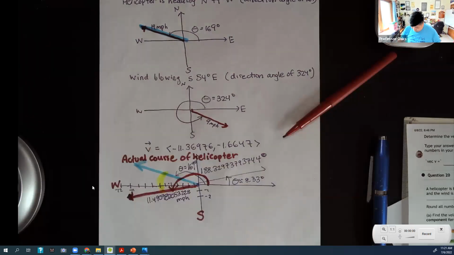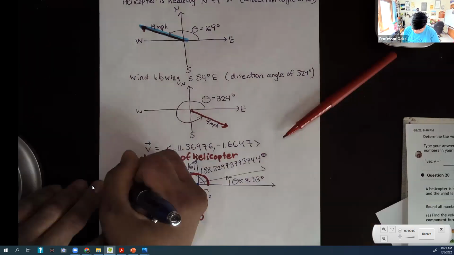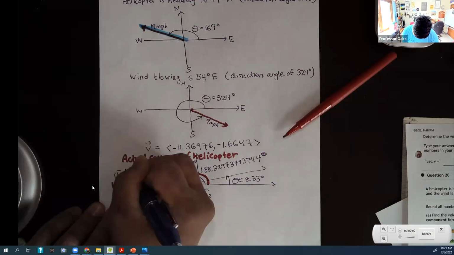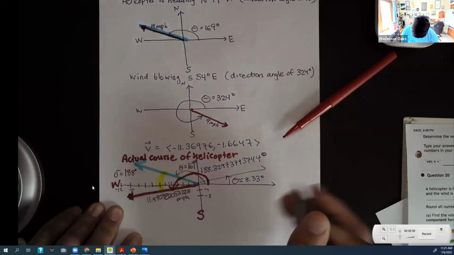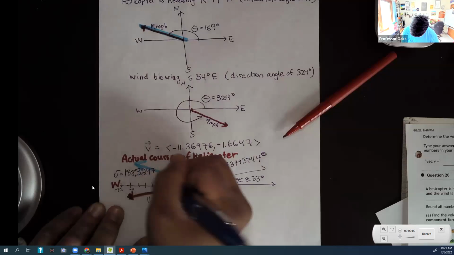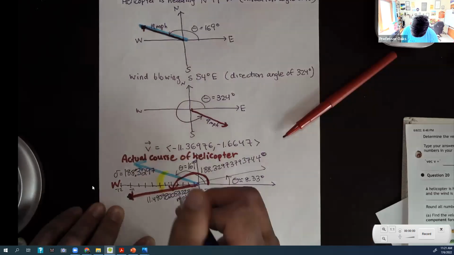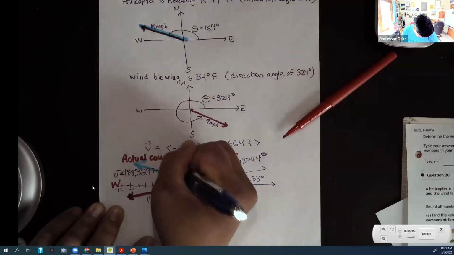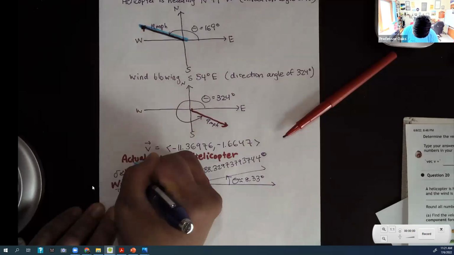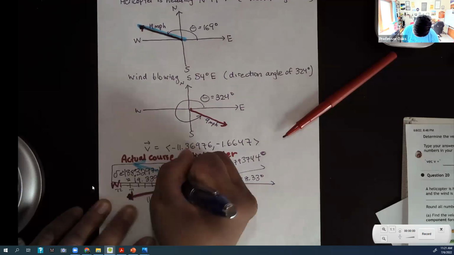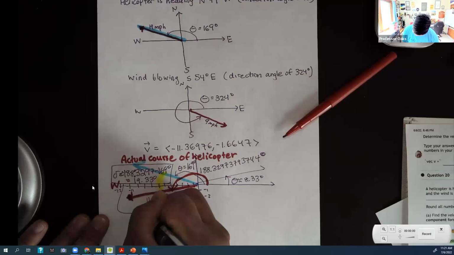So the question is asking for the delta, which is the 188.3297 approximately, right, minus the 169 degrees. So that will be about 19.33 degrees. So this angle right here, that yellow one, that is the drift angle.